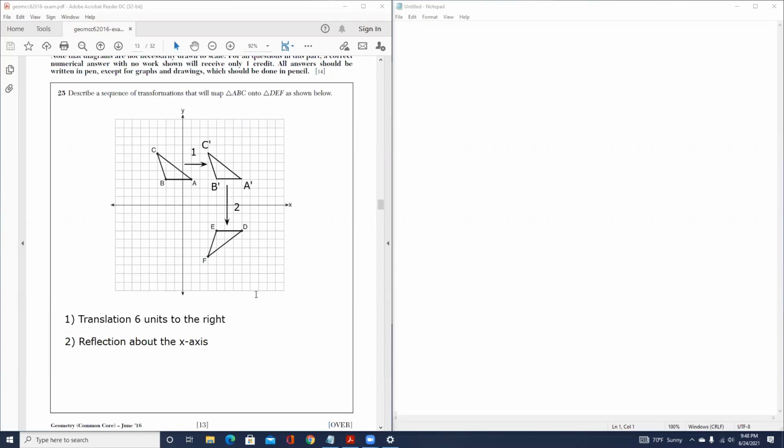This will map point A onto point D, point B onto point E, and point C onto point F.